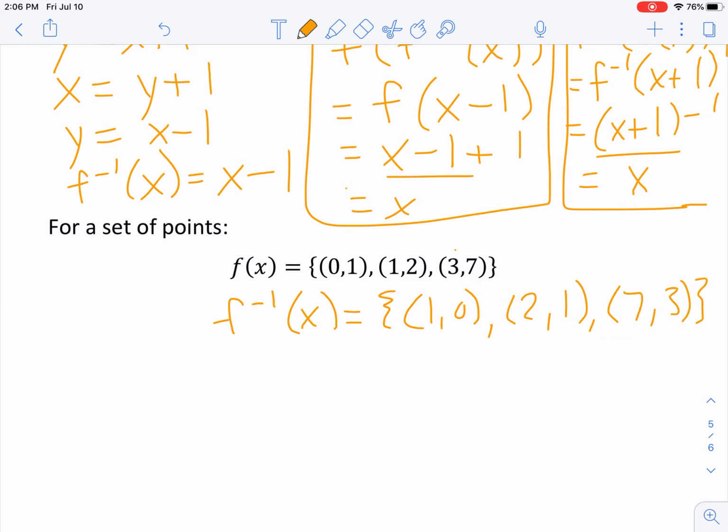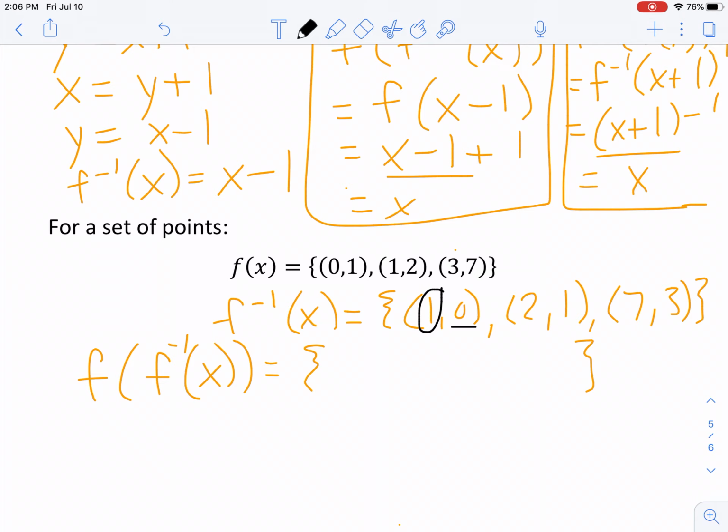So if I now want to do f of f inverse, it's going to look a little bit different this time. It's going to just be a set of points as my answer because we just have 3 points that we're working with. So f inverse is the one I'm starting with. So I have an x value of 1 gives me an output of 0. f inverse at 1 is 0.